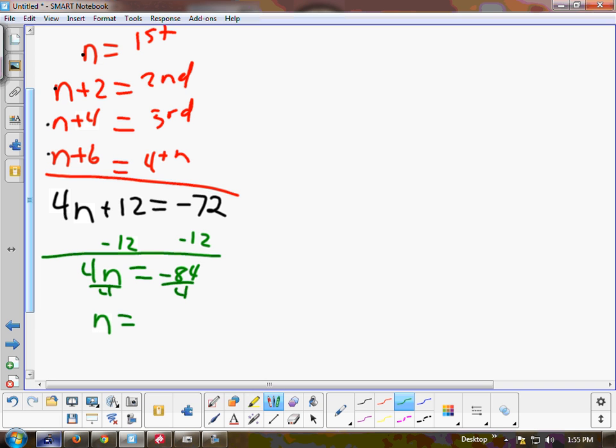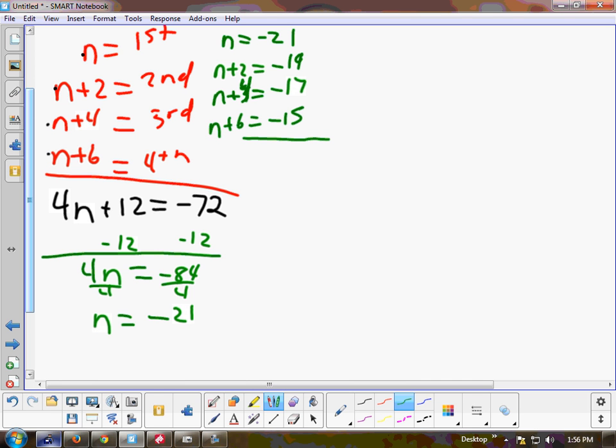Well, 4 goes into -84. Negative, 4 goes into 8 twice, and 4 once, so -21. So if we come up here, n is -21. n plus 2 is going to be -19. n plus 4 is going to be -17. And n plus 6 is going to be -15.